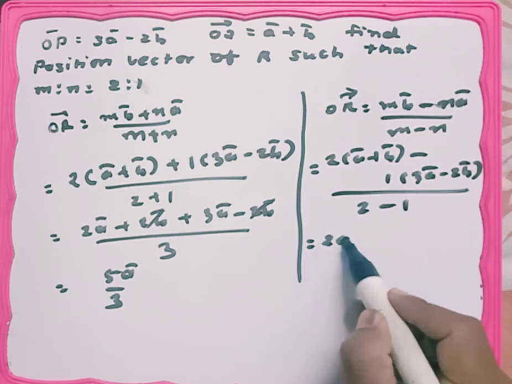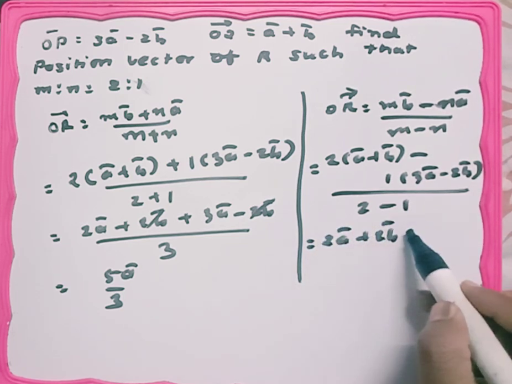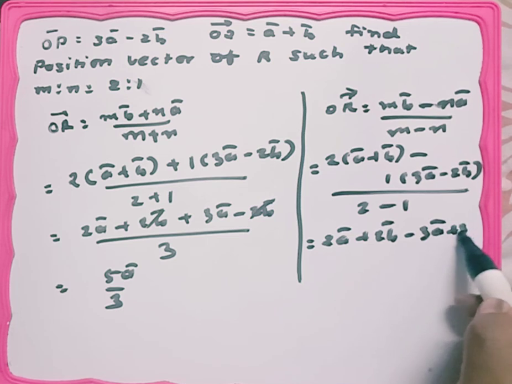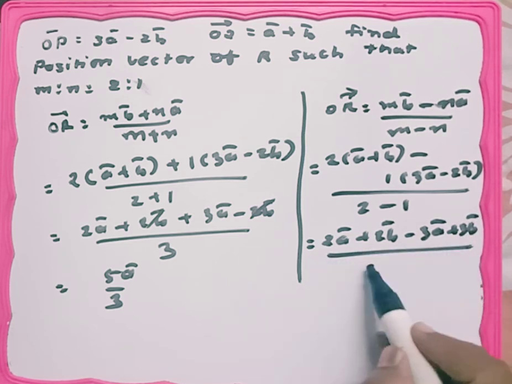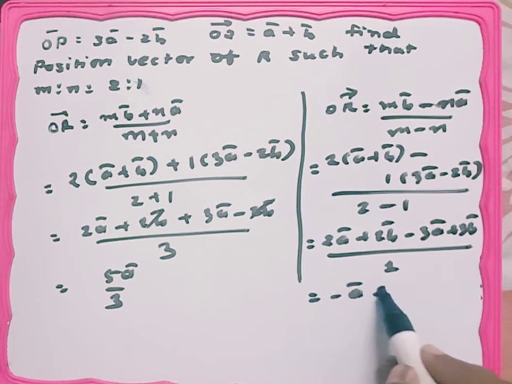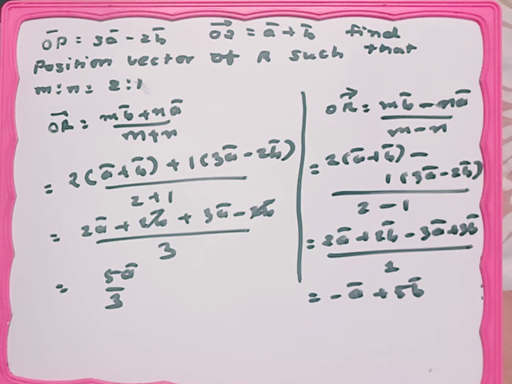So we will have 2a bar plus 2b bar minus 3a bar plus 2b bar by 1. So 2 minus 3 is minus a bar, and 2 plus 2 is there, so minus a bar plus 4b bar is the required vector.